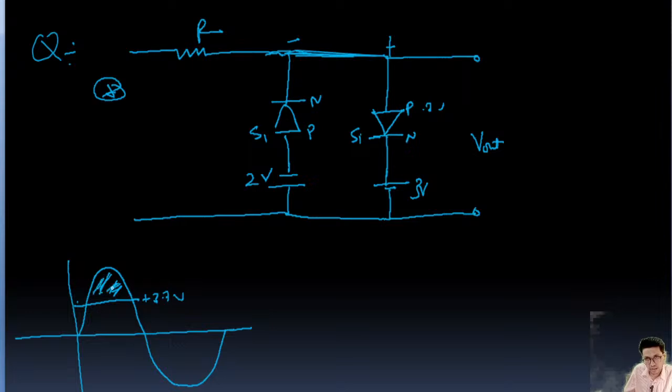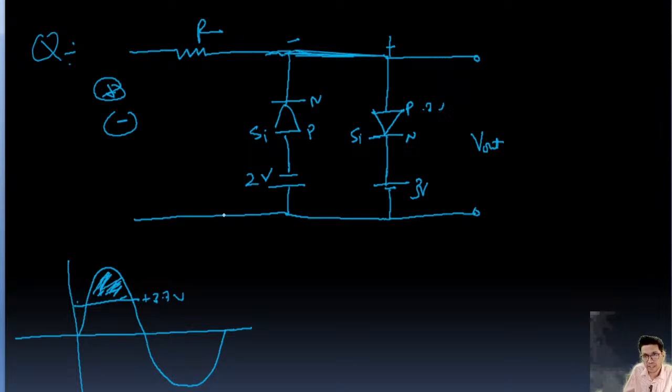Silicon diode I have already explained. Now for negative half cycle, you can see this is going to be forward bias, this is reverse bias. Reverse bias means current will be 0. So here this will work as a diode, and the voltage will be 0.7, right? This is silicon diode. 0.7 plus 2 volt means this is 2.7 volt.